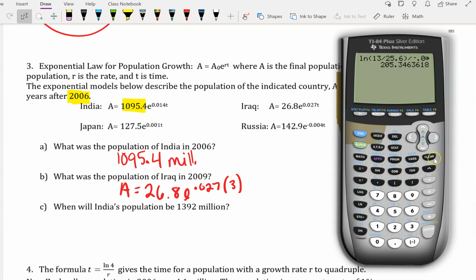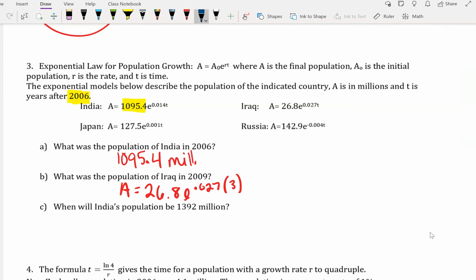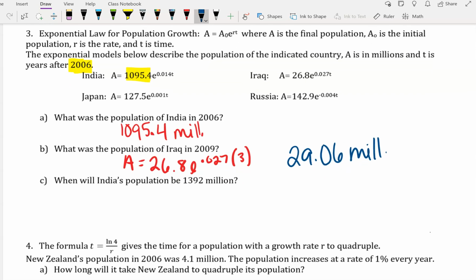I just plug this into my calculator. 26.8 times e to the 0.027 times 3 power. And I got 29.06 million. So it went up, but not a ton, because it wasn't a crazy high rate, and, well, I mean, it's kind of high rate for population increase, but wasn't that many years.